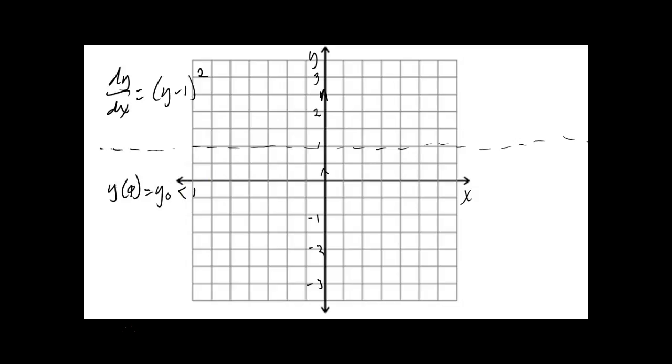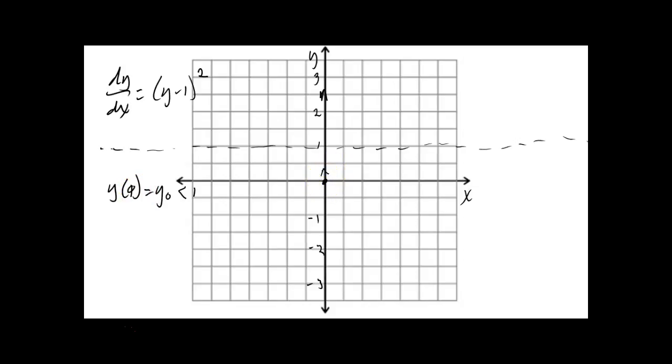You know that. Your x, of course, is 0, so you're going to be somewhere on the y-axis here. And your y is y0, but it's something less than 1. You get to pick any value less than 1. 0 is a perfectly fine one. And x is 0, so you know this point right here is on the graph.